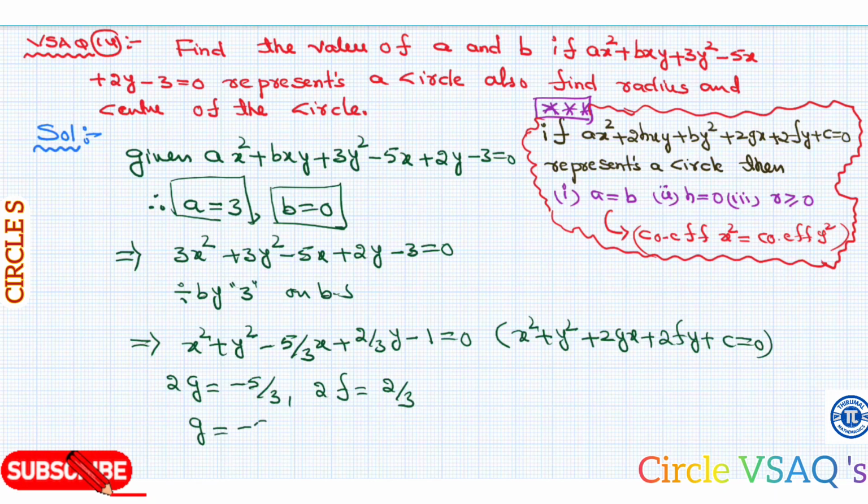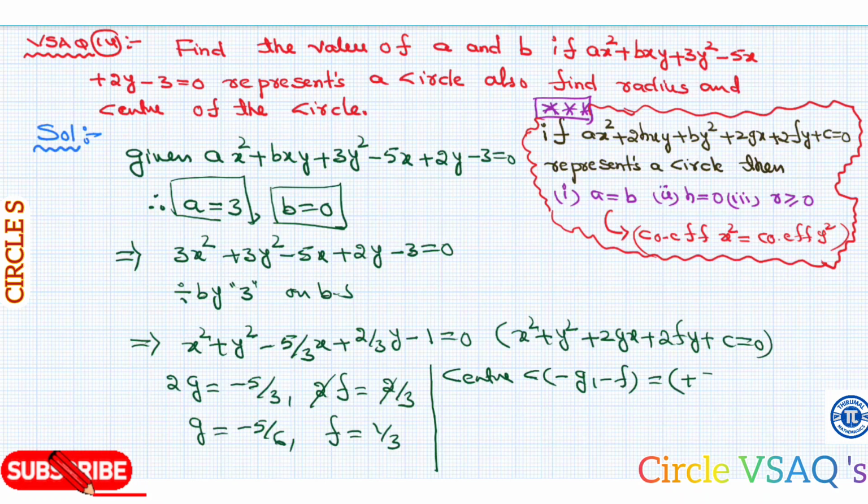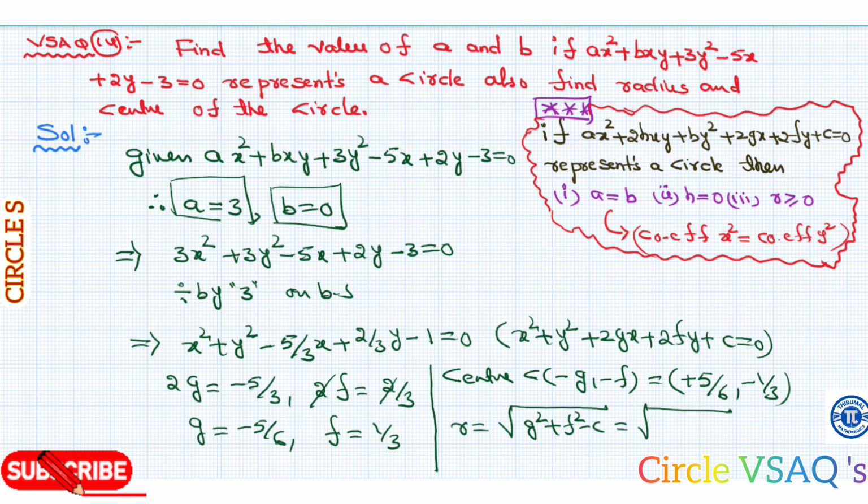Then g = −5/6 and f = 1/3. Then write the center of the circle, the formula is (−g, −f), so the center is (5/6, −1/3). The radius r = √(g² + f² − c) = √(25/36 + 1/9 + 1), since c is −1. This equals √(65/36).